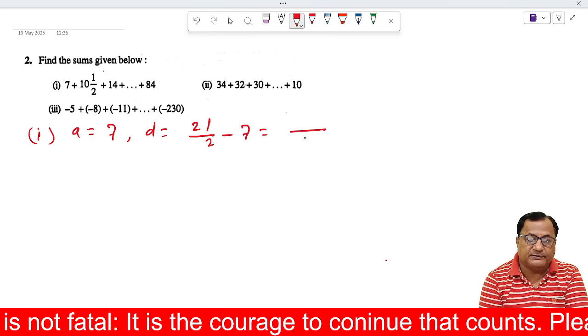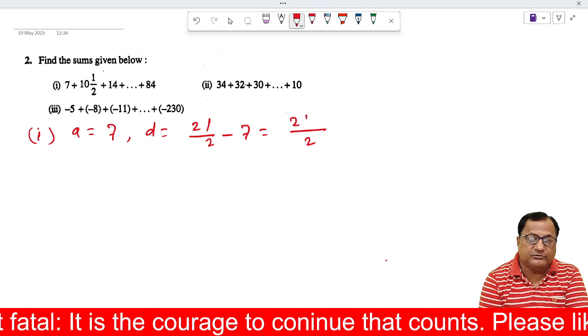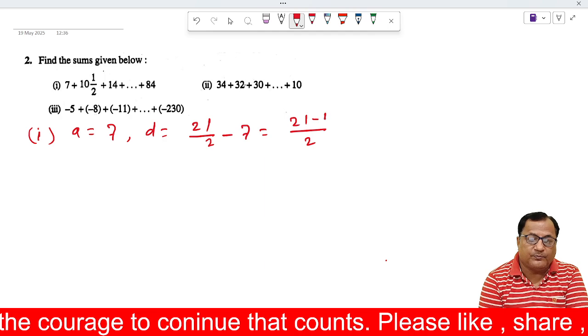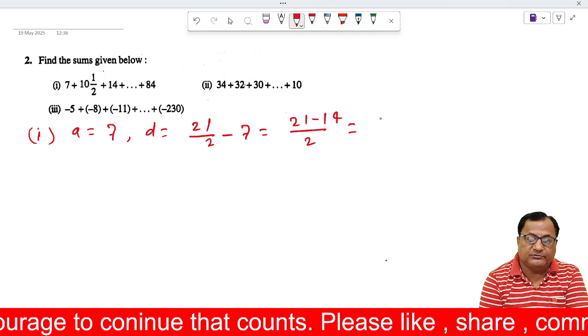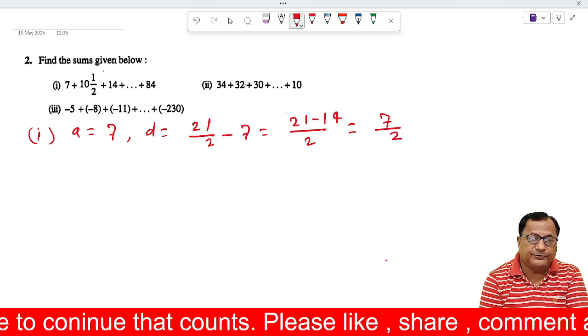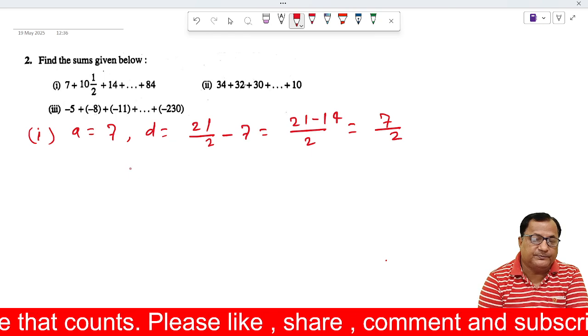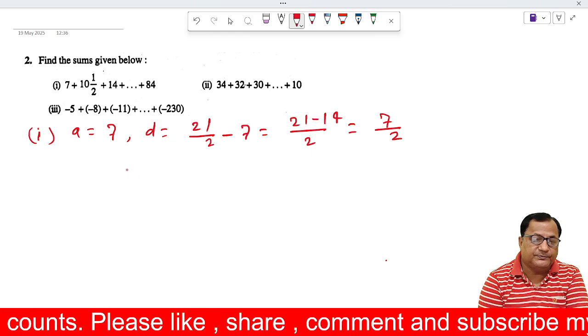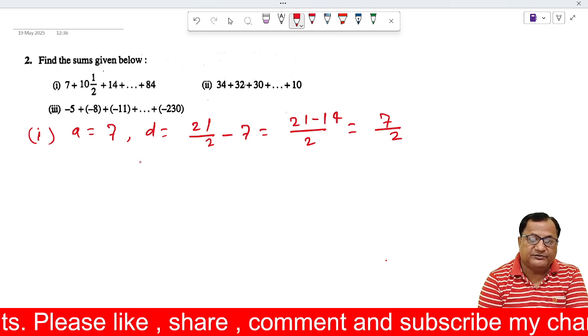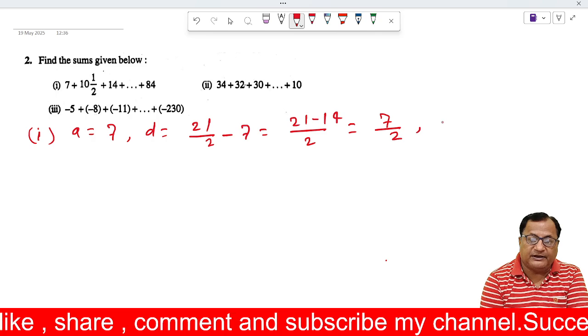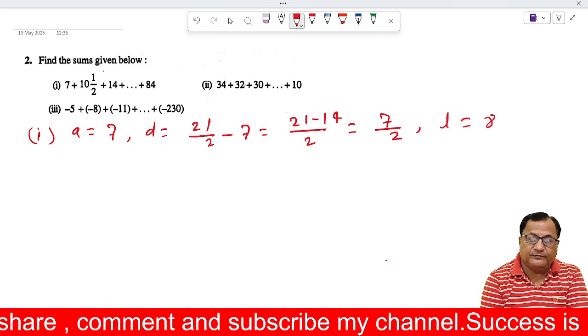We will subtract: 21 minus 14 is equal to 7 by 2. So 7 by 2 is D, and the last term L is equal to 84.